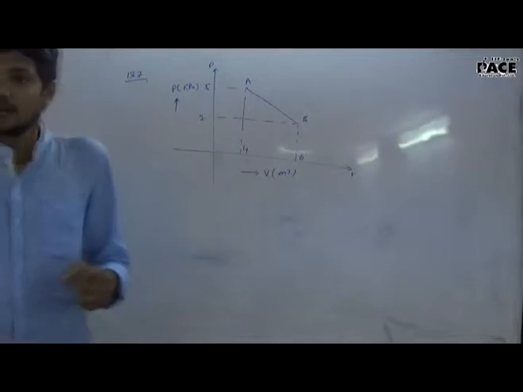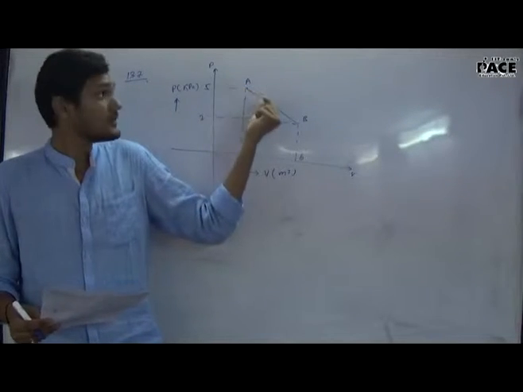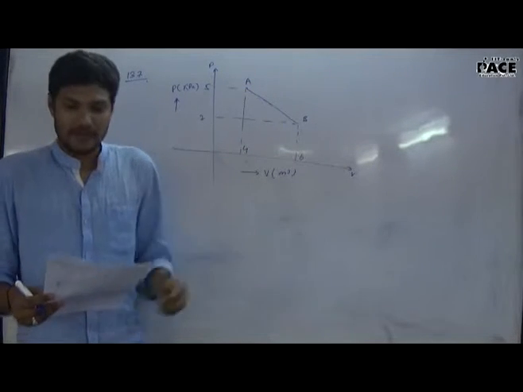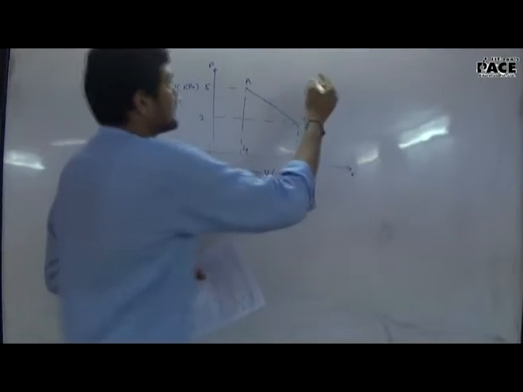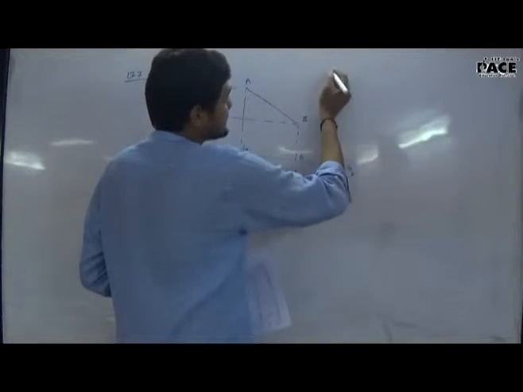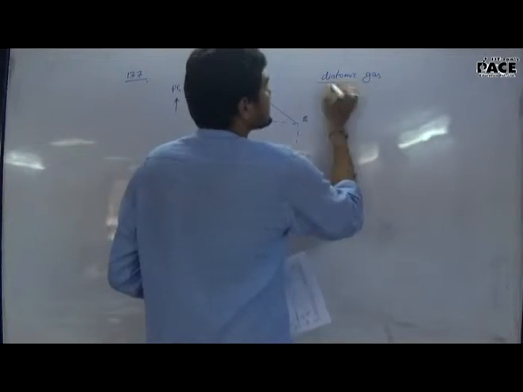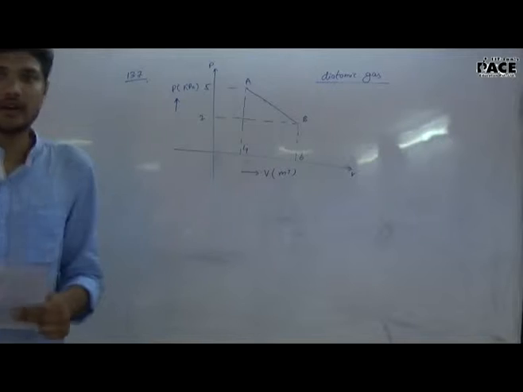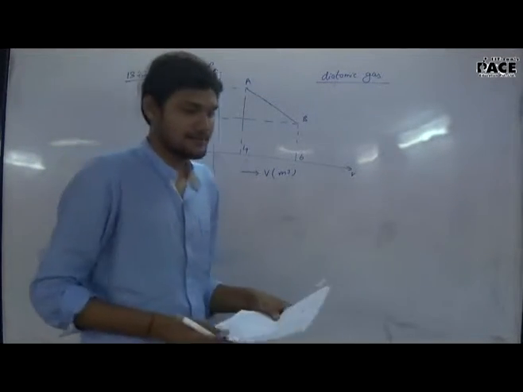Knowing the pressure and volume parameters of this process from A to B, we can find what the question asks. The gas is a diatomic gas. So for a diatomic gas, the question asks about the change in internal energy.